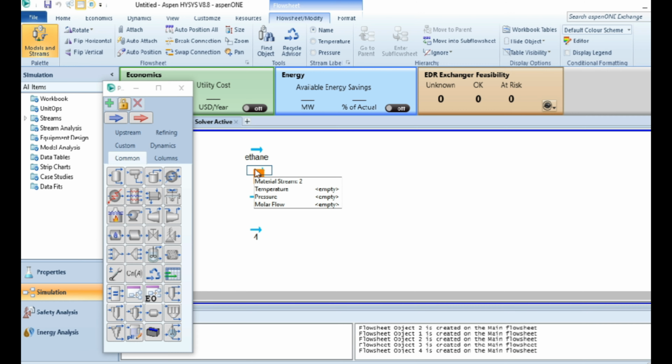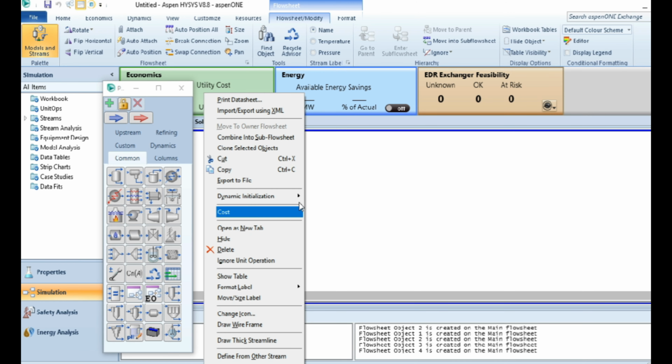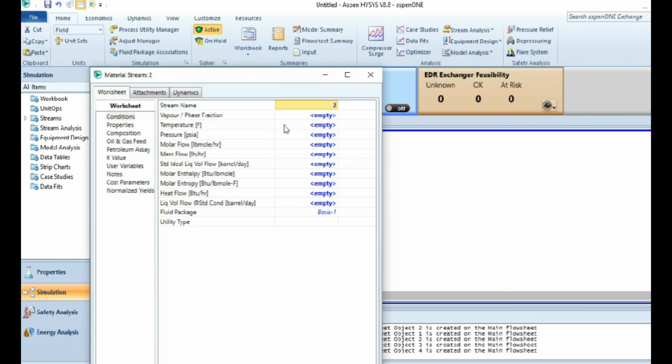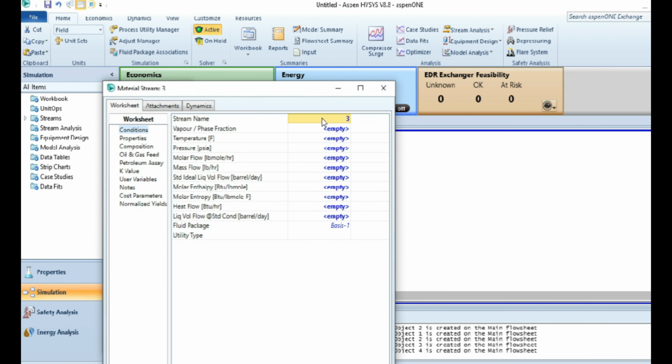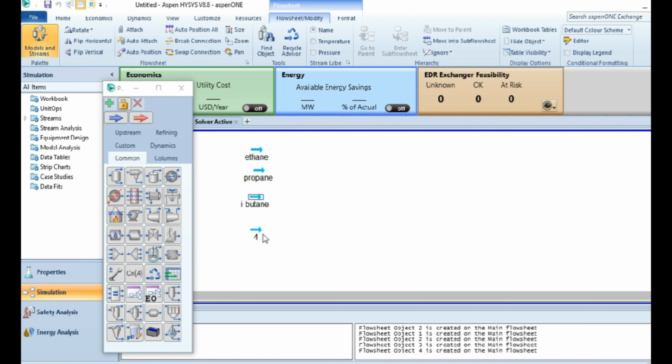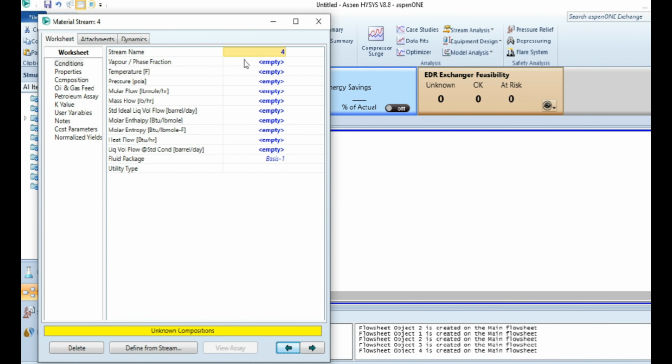The second stream, I have propane. The third stream, I have i-butane. And the fourth stream, I have n-butane.